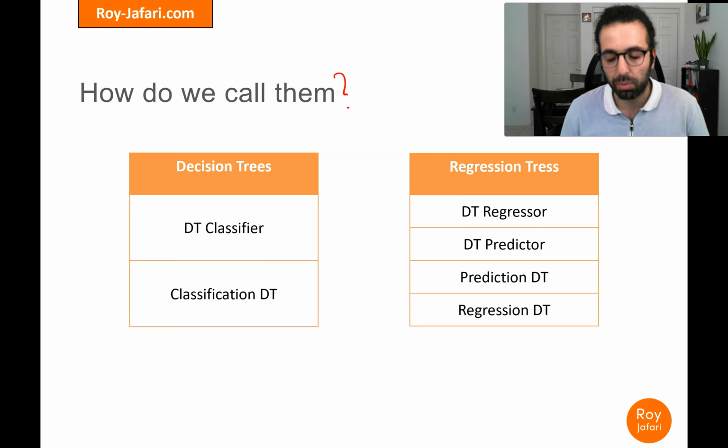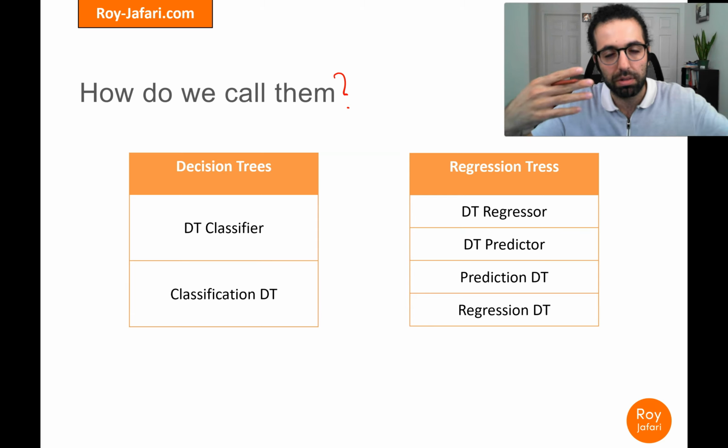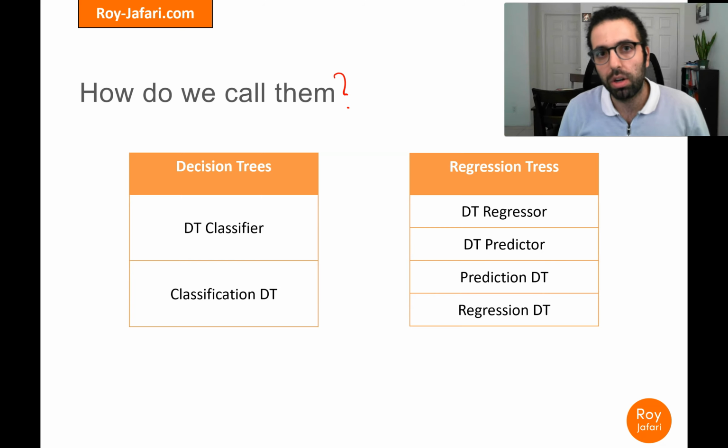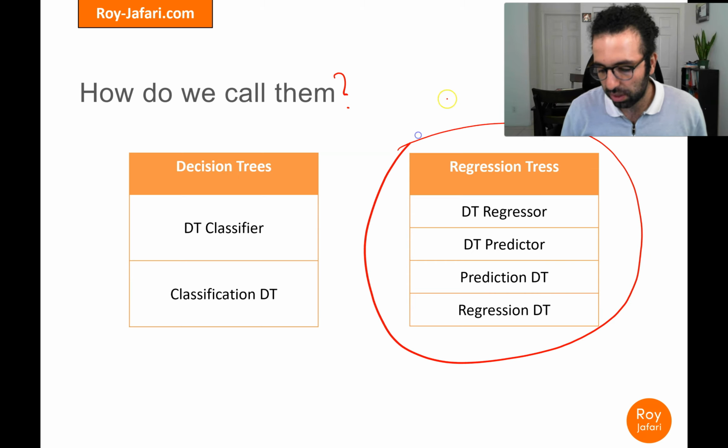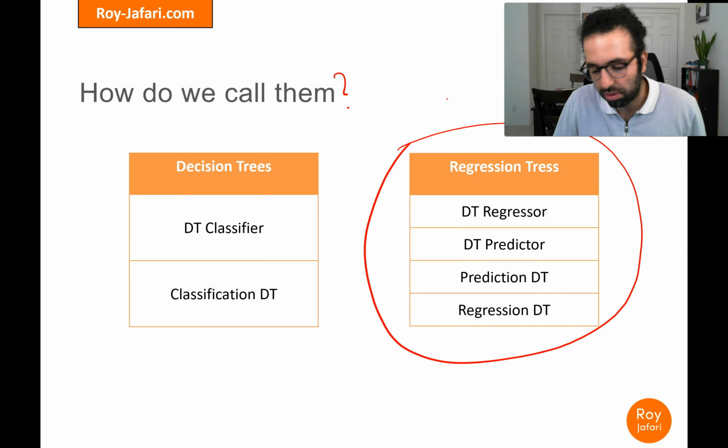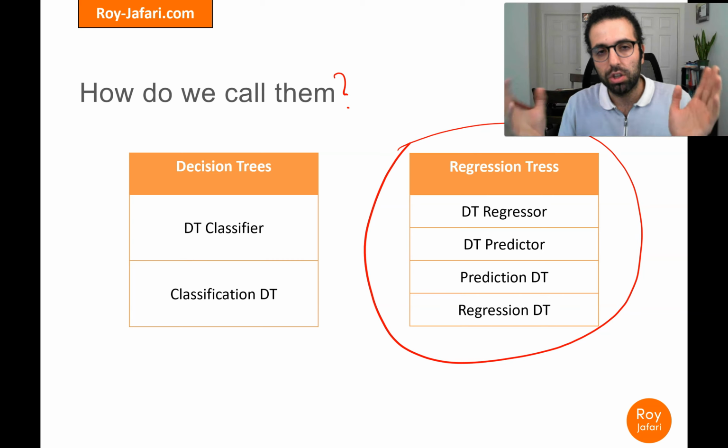For prediction, one way to address them is regression trees, but you can also call them decision tree regressor, decision tree predictor, prediction decision tree, or regression decision tree. All of them refer to the same thing, which is using decision trees for the prediction task. It's just a matter of names.